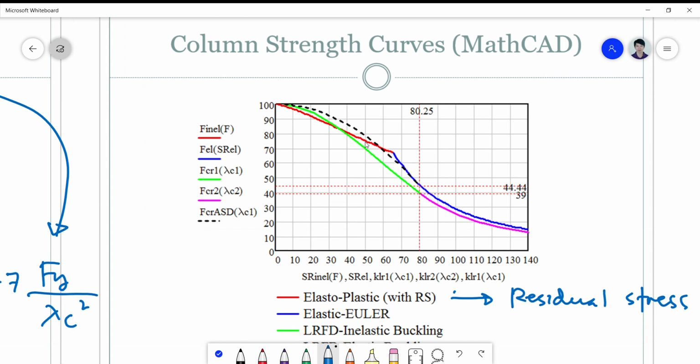Okay, so by the way, this black graph is the SSRC curve parabola, which is the ASD.